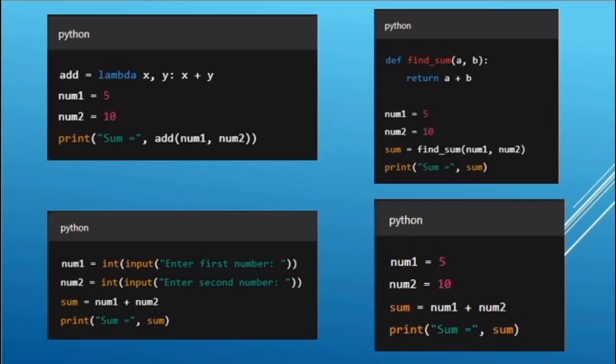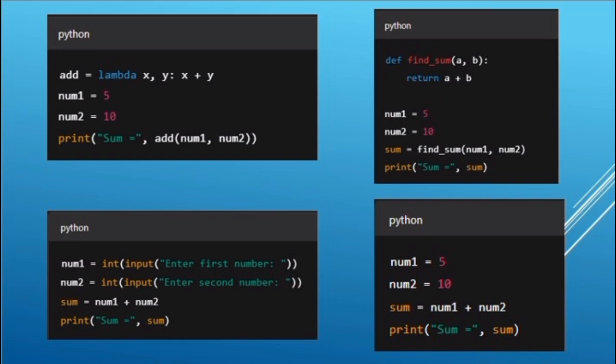Then we have declared the numbers, given values to the variables, num1 equals 5, num2 equals 10. Then we have printed the sum, using add of num1, num2. So in the place of x, y, we have given num1, num2. Then it will give the output: sum 5 plus 10 equals 15.